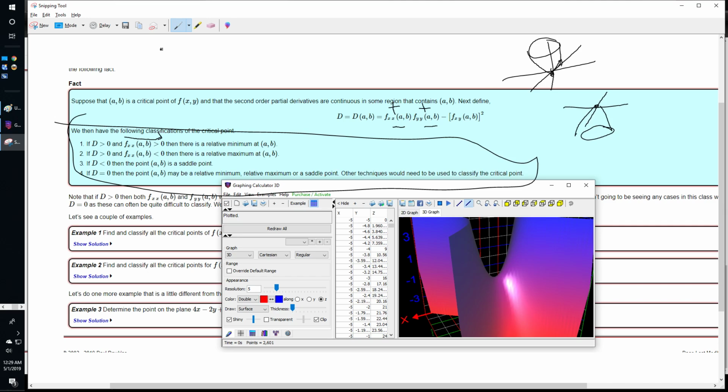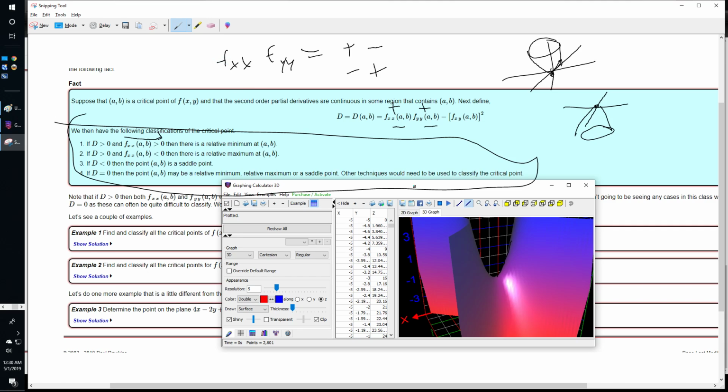And then for a saddle point, oh wait, I have a graph. For a saddle point, f_xx and f_yy are going to be of opposite signs, either positive or negative, but it doesn't matter. Here the x value is increasing, that's what this parabola is.